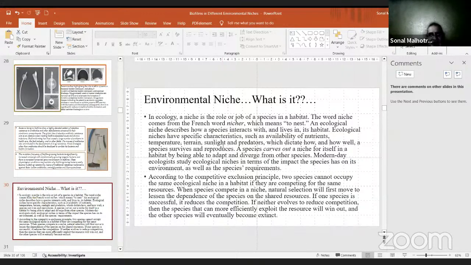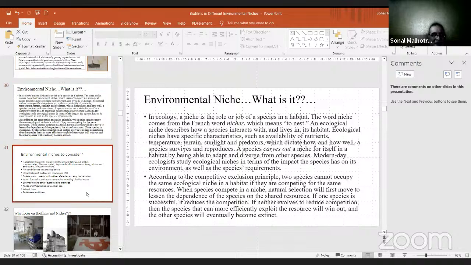So a species carves out a niche for itself where it is able to grow. And why is it relevant? Because in a hospital there are different environmental niches where different bacteria will grow based on their physiology. So there are some things we will probably learn today from the talk that will be fascinating for that reason.